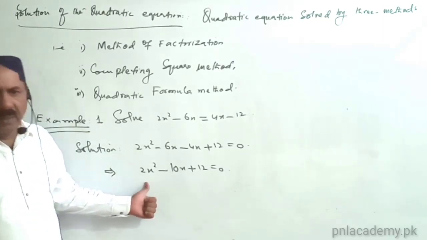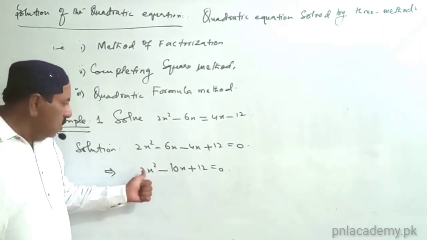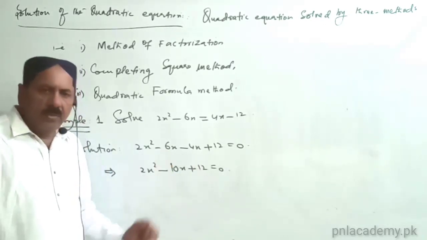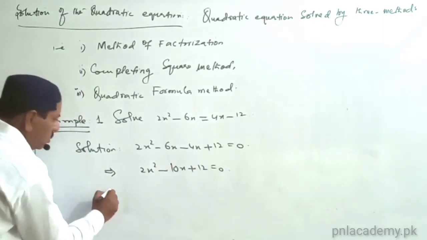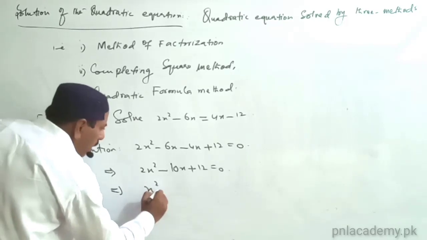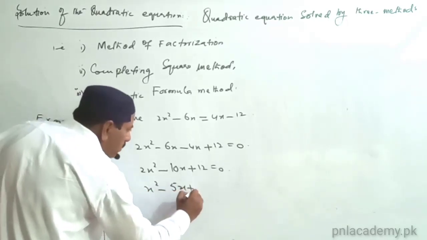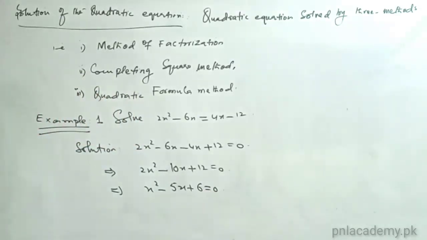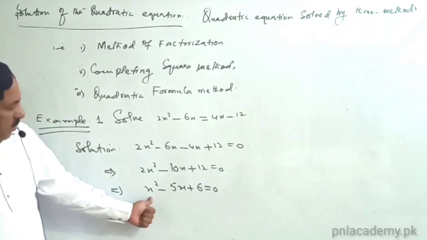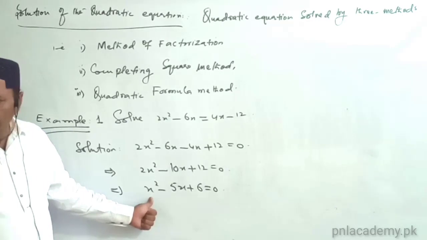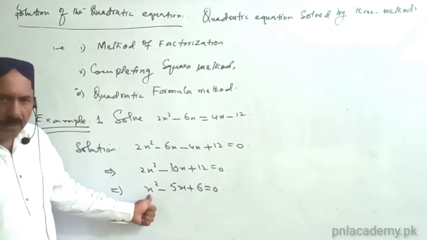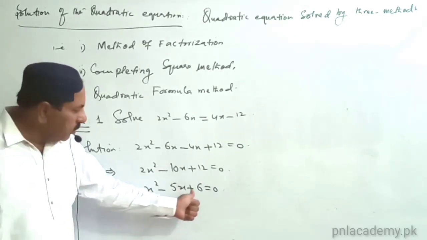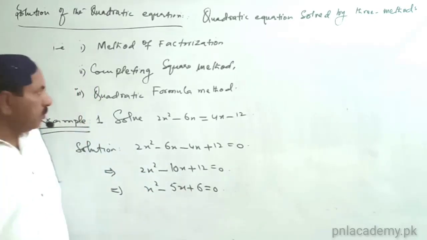After observing, we find that 2 is common to each term. After taking 2 as common, this will be x square minus 5x plus 6 is equal to 0. Now, the equation consists of 3 terms: first term, middle term and last term.